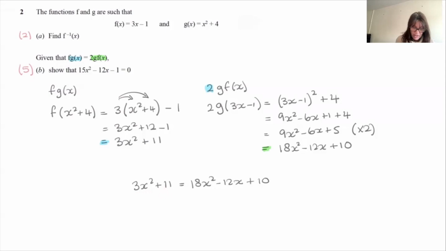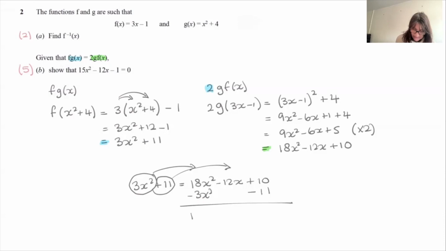Obviously, I want to do that because I need it to equal 0. My 3x squared will come across and it's going to land as minus. What I'm doing is I'm moving a positive number that I do not know, so it's landing as a negative number I do not know. I'm obviously going to move that positive 11 as well, and that's going to land as minus 11.